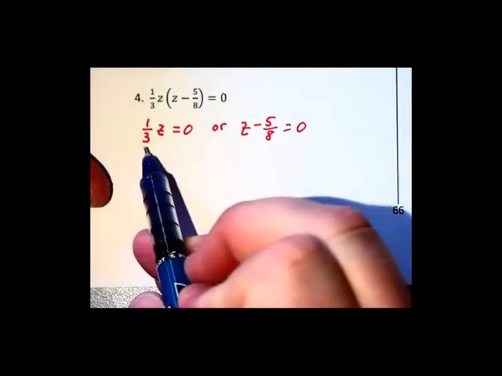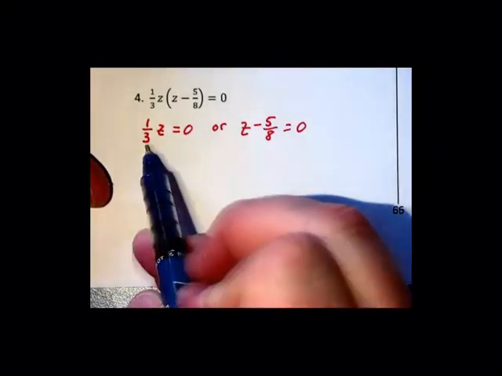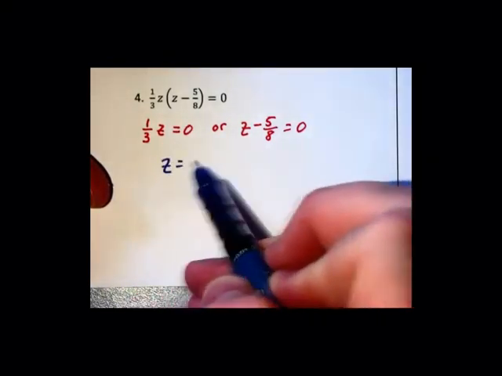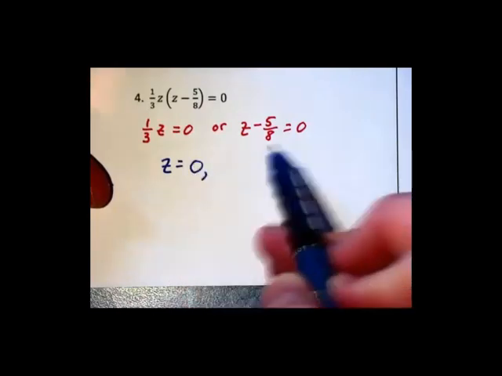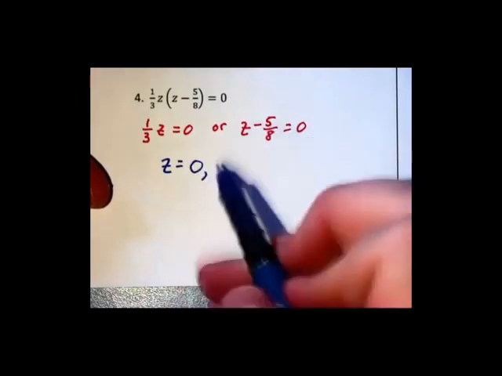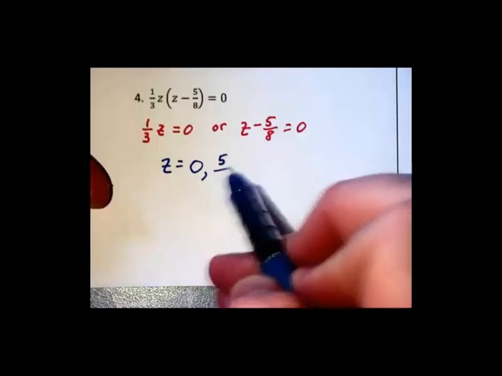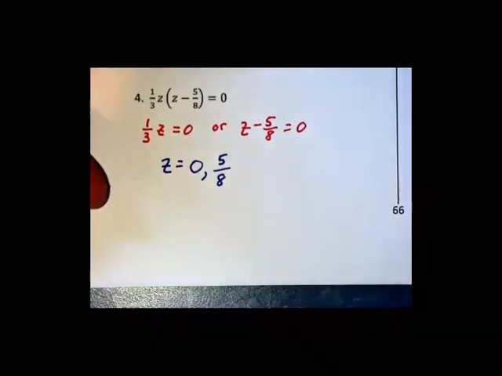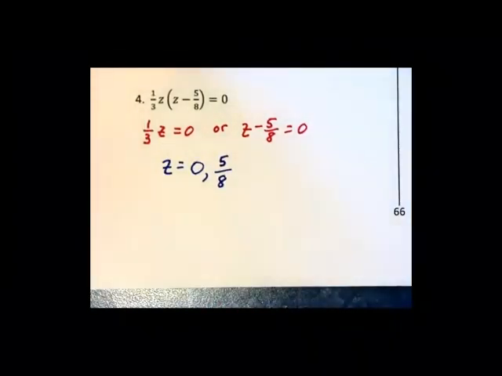Here we're going to multiply each side by 3 to clear the fraction. That gives us z equals 0. On the second equation, we're going to add 5/8 to both sides, and there's the positive 5/8 as the second solution. Notice how each of these quadratic equations has had two solutions. You're responsible for looking for two solutions on these problems.